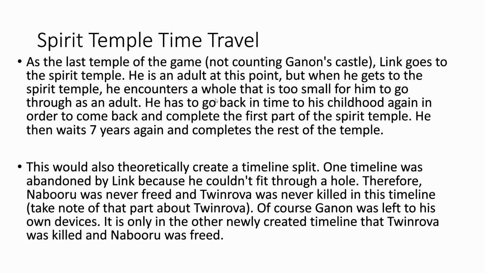So now in timeline 2, even though the Shadow Temple was cleared, the Spirit Temple was not cleared because he abandoned the timeline due to not being able to fit through a hole. And so Nabooru was never freed and awakened as a sage, and Ganon went uncontested in timeline 2 as well, and so timeline 2 becomes a downfall timeline.